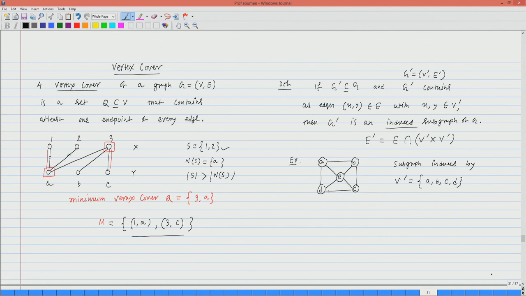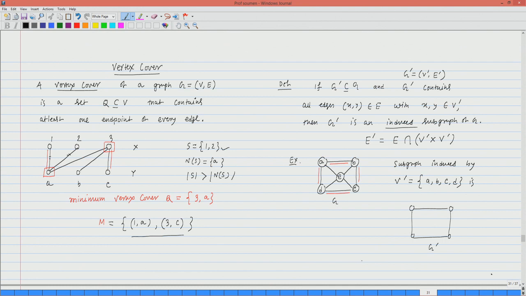So, all the edges in the graph G involving A, B, C, D will be there in G prime. This G prime, the subgraph induced by A, B, C, D, is the following. Okay, I hope that this definition is clear.